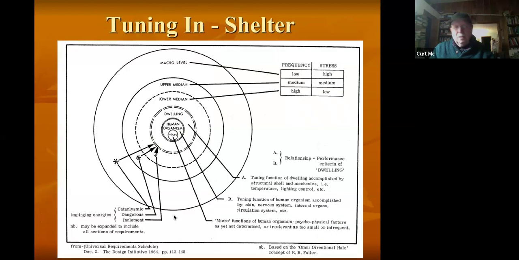Okay. And from a paper called Requirements for a Dwelling Advantage, he did a little more practical or detailed version of this. What you can see is there's the micro, which is the very smallest thing. Then there's the human organism, and then there's the dwelling, which is the double lines right around that.